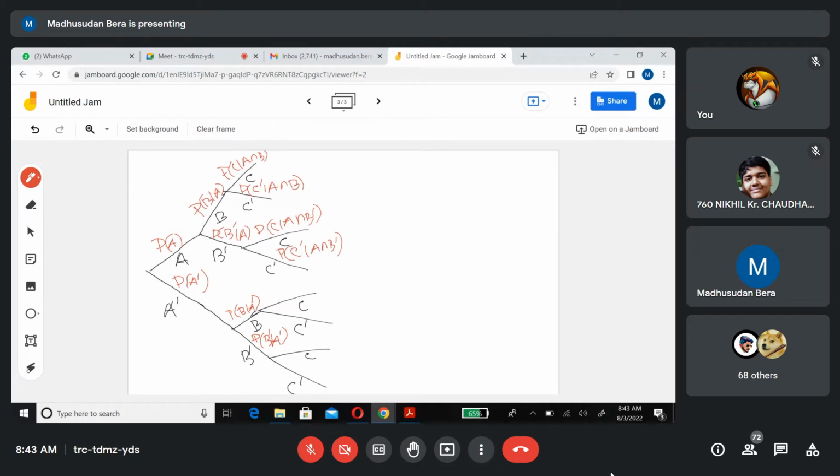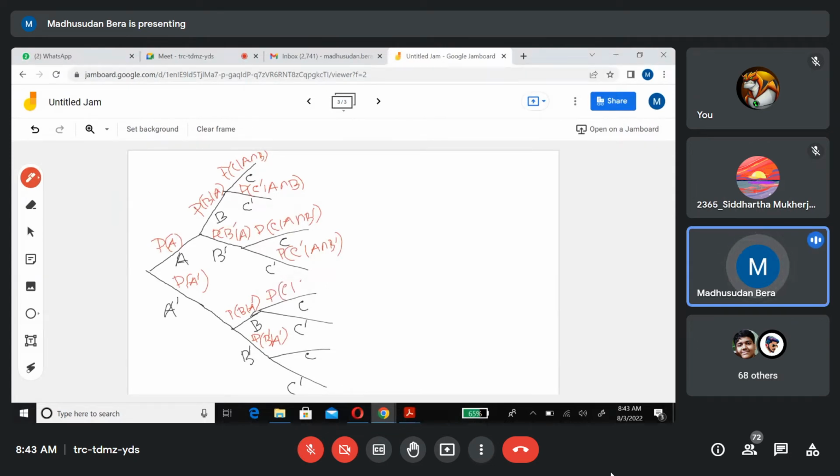Yes, sir. Similarly, here we will write P of C given A dash intersection B. Here C dash given A dash intersection B. Here also this plus this sum is 1. This plus this sum will be 1. This plus this sum will be 1.